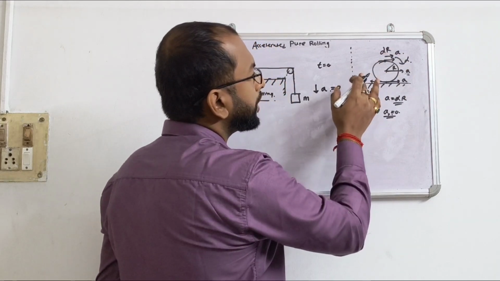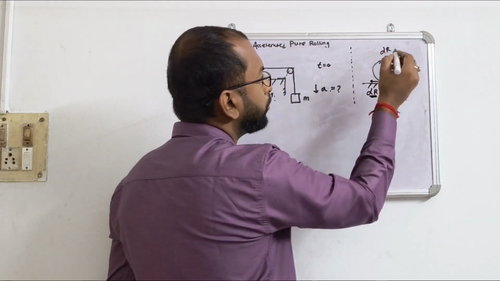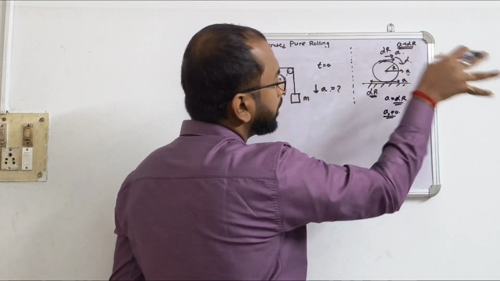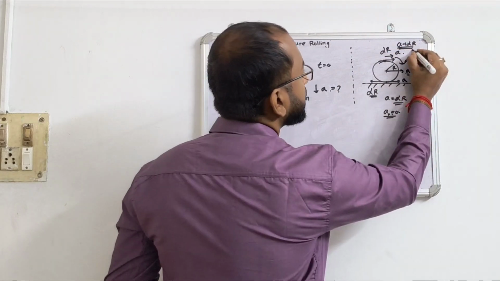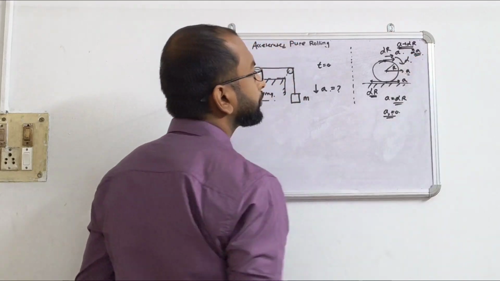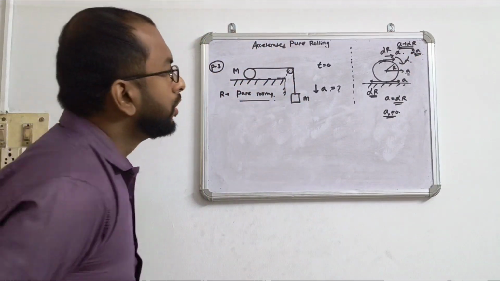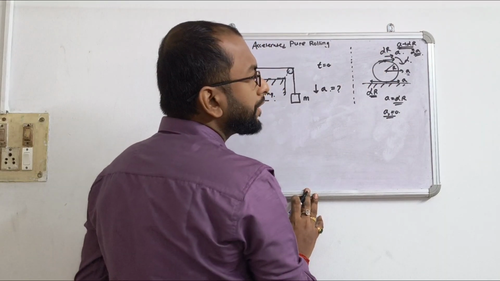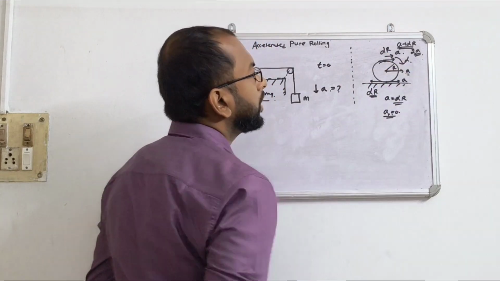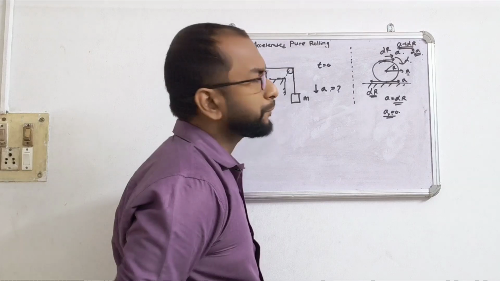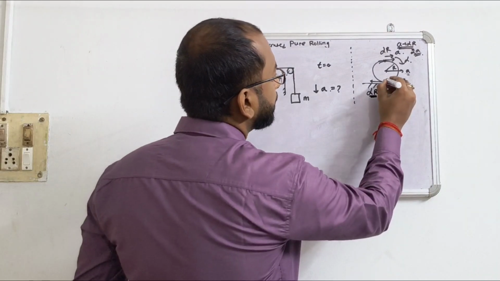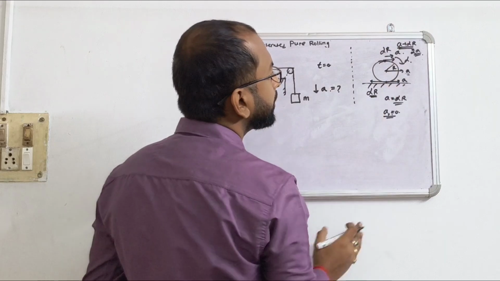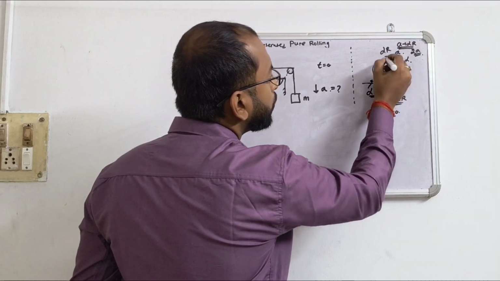So total acceleration for the topmost point is A plus alpha into r, both acting in the forward direction. That amount is 2 into A. For the center, it is exactly moving with the acceleration of A. So from the point of contact to the topmost point, the acceleration is increasing from 0 to A to 2A.